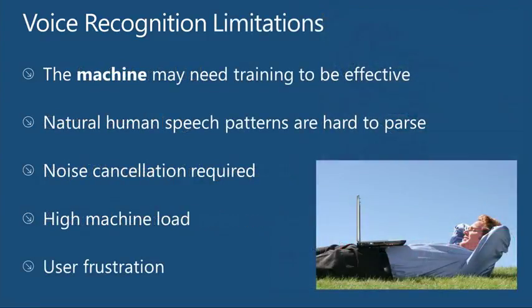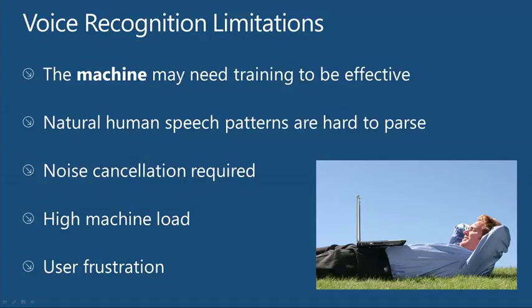Of course, there are a couple of limitations. At the moment, the machine generally needs training on your voice. You need to train it up to understand you. There are so many different inflections and different ways people talk that even now it can do a reasonable job. Siri and Google Voice and stuff like that can do a reasonable job of picking up commands.